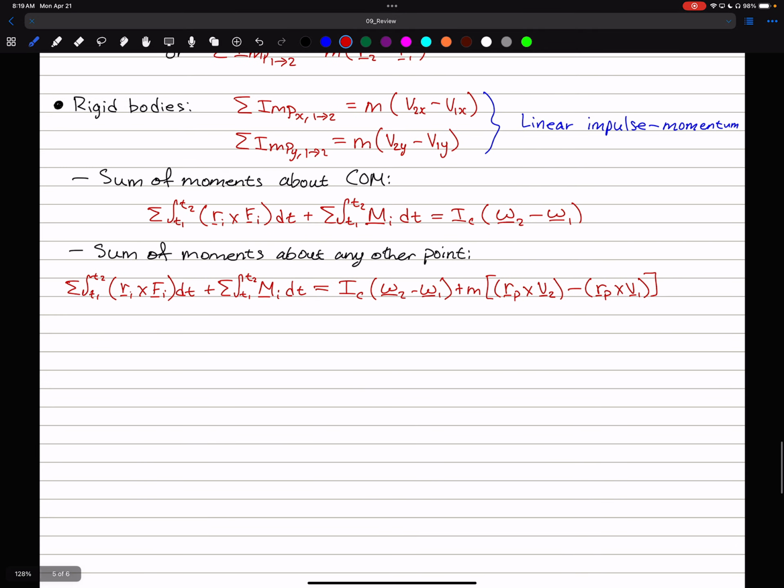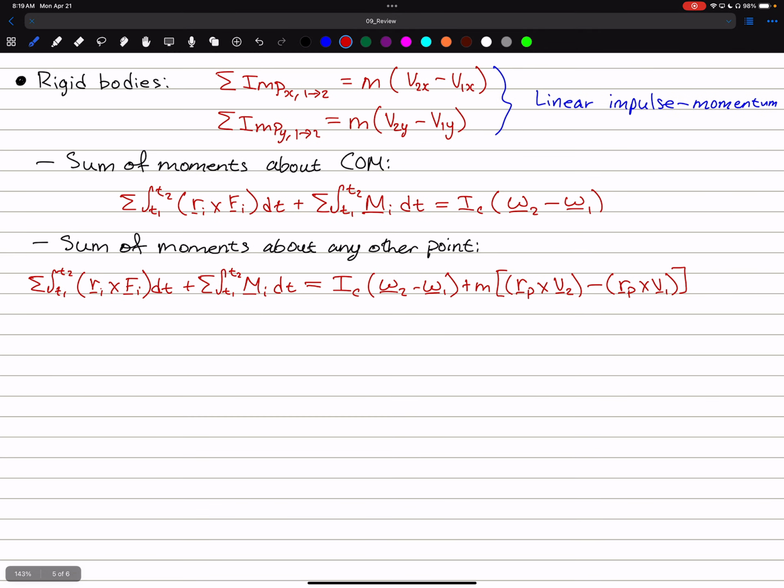In this case, Rp is the position vector from the center of mass to the point that we're summing at. The reverse of that is from the point we're summing at to the center of mass, and then V1 and V2 are the velocity of the center of mass before and after the impulse.